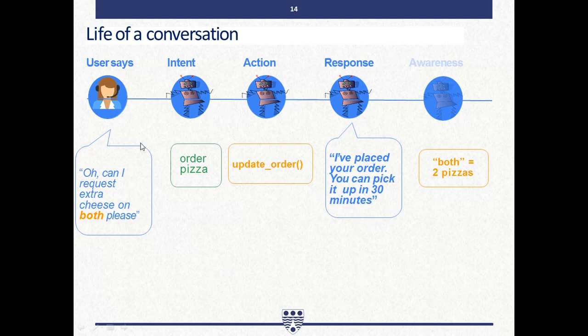So when the user requests for an additional cheese, the order pizza intent is triggered, and the action now is update order, which now generates a response and stored in the database as 2 pizza, right? So this is the life of a conversation.